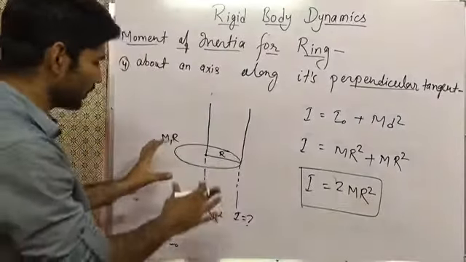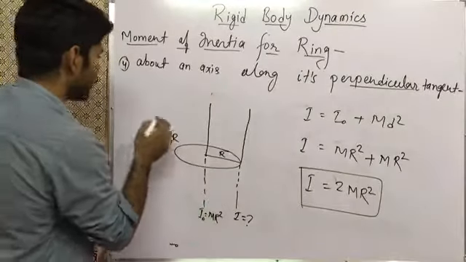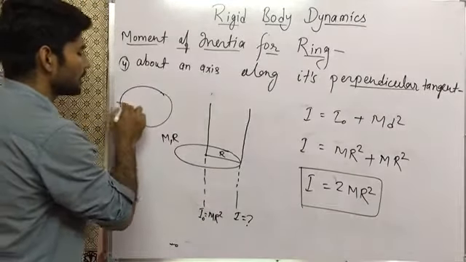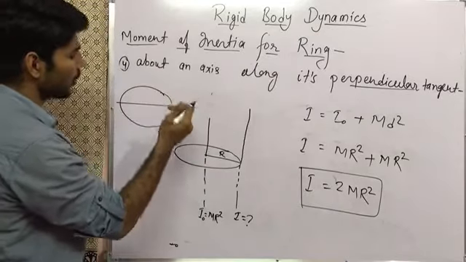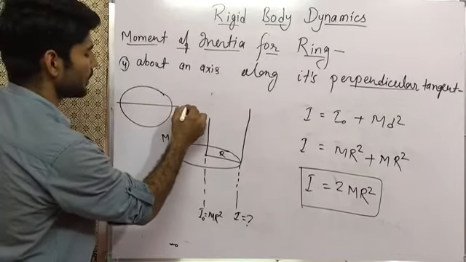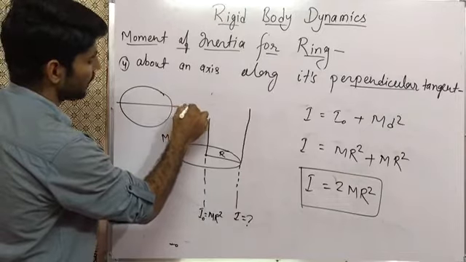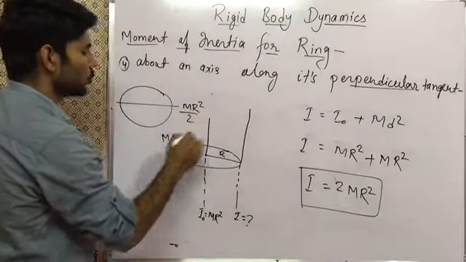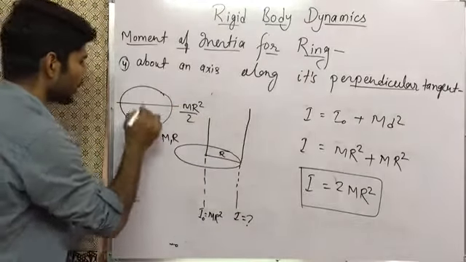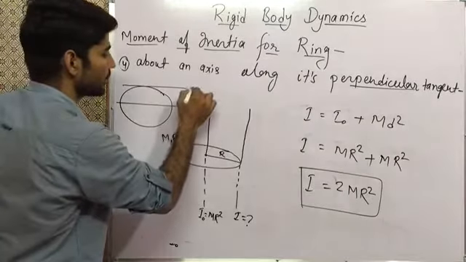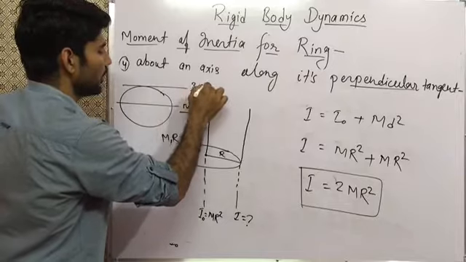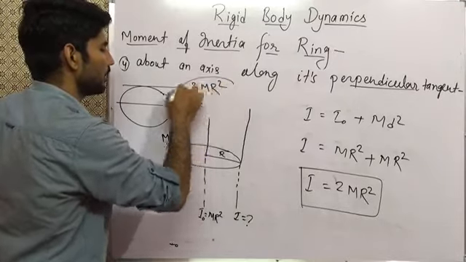Along the other two axes we derived two more formulas: the moment of inertia about an axis along the diameter, which was mr square by 2, and the moment of inertia about an axis along the tangent, which was 3 by 2 mr square.